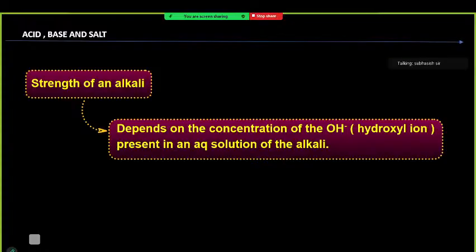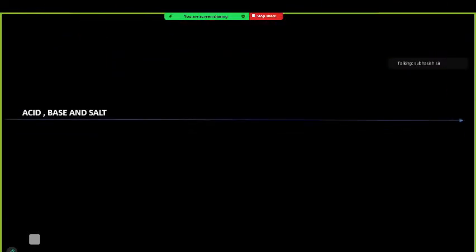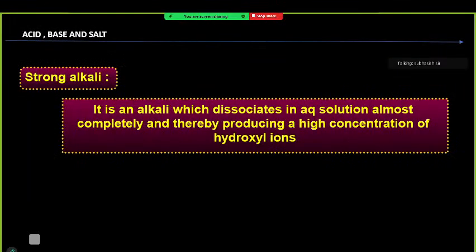Now, the strength of an alkali depends upon the concentration of OH minus. If an alkali gives a large concentration of OH minus in aqueous solution, it is called a strong alkali. Some strong alkalis are sodium hydroxide, potassium hydroxide, all the alkali metal hydroxides.